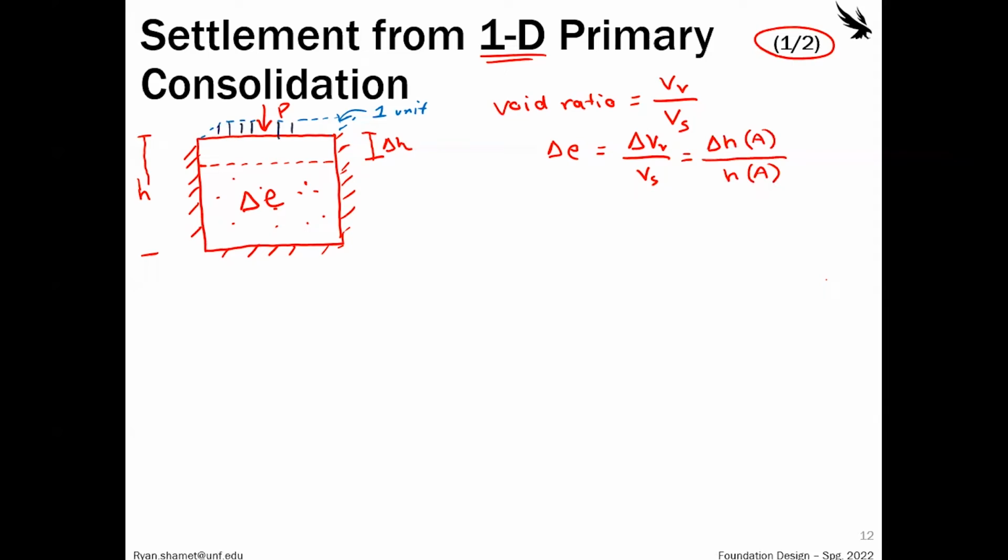Right, this is the area here technically. That area is staying the same because it's only going in one direction. So the area here is the same as the area here, so of course we can cancel that out. We see the change of void ratio is the change in height over the original height.